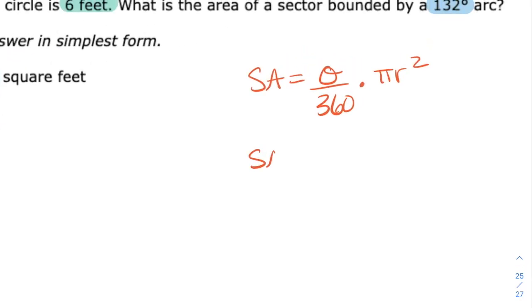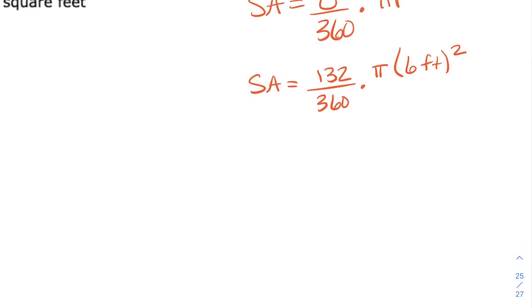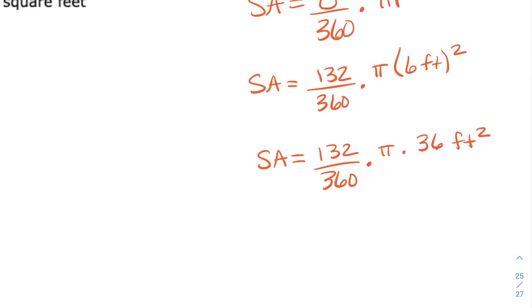So sector area equals 132 over 360 times pi times 6 feet squared. All right, so sector area equals 132 over 360 times pi times 36 feet squared, because 6 times 6 is 36, and feet times feet is feet squared.